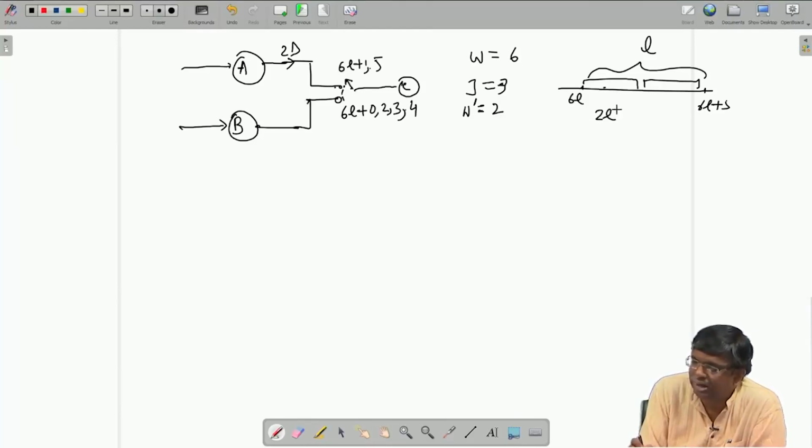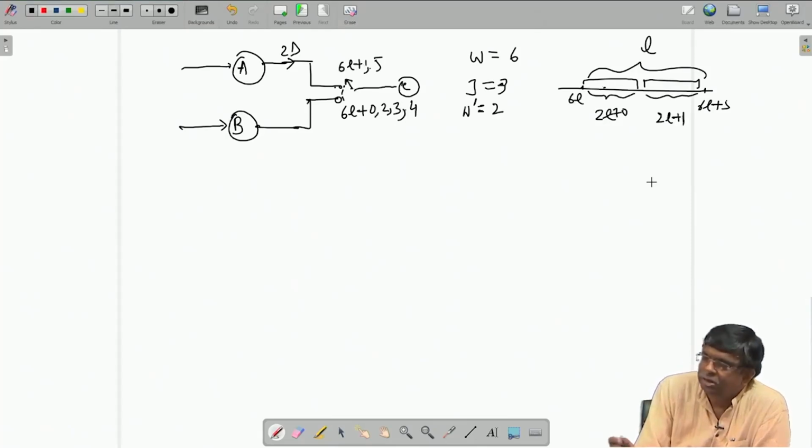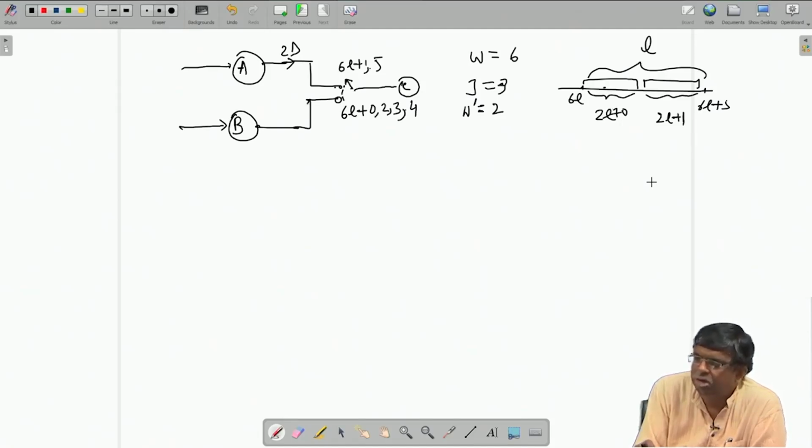So, this is 2L plus 0 in terms of digit cycle and this is 2L plus 1. Here I will have 3 bits, here I will have 3 bits, these 3 bits parallel, these 3 bits parallel. So, 12 plus 0, one digit cycle, next digit cycle 12 plus 1. I have to unfold it by J equal to 3. Now, you see here I have got a delay 2D.